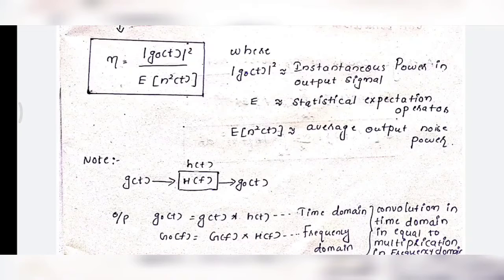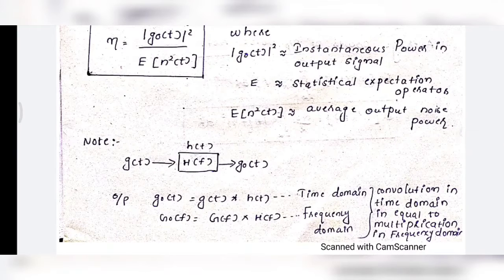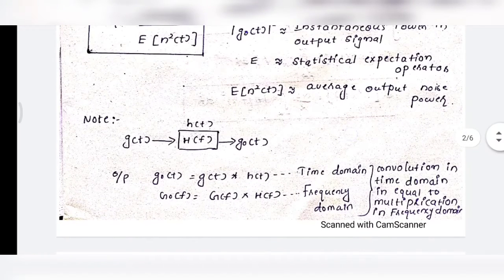So we first derive the numerator, g naught T squared. For this, we consider incoming signal g of t. After filtering using the LTI filter, we get g naught t. We know that the output of the LTI system g naught t is equal to the convolution of g of t and h of t in the time domain.